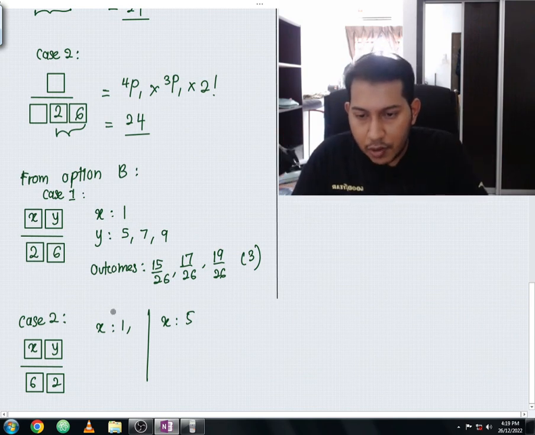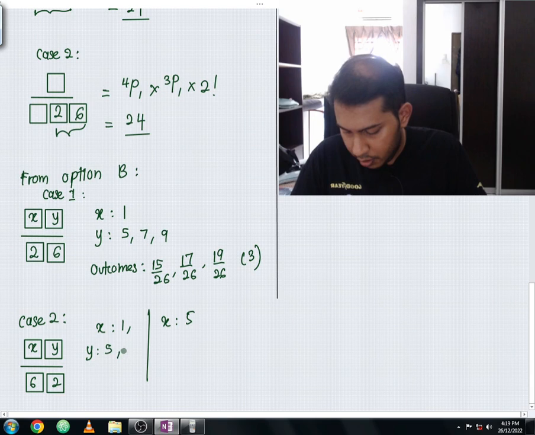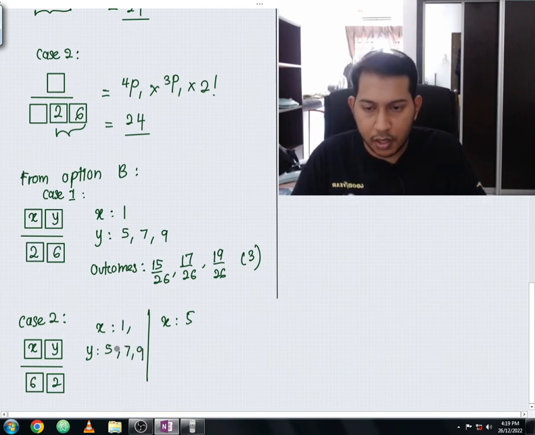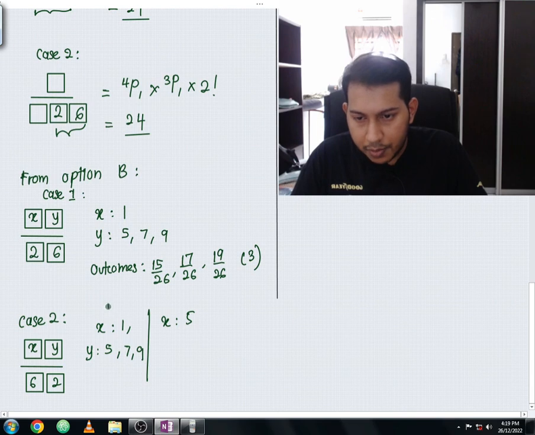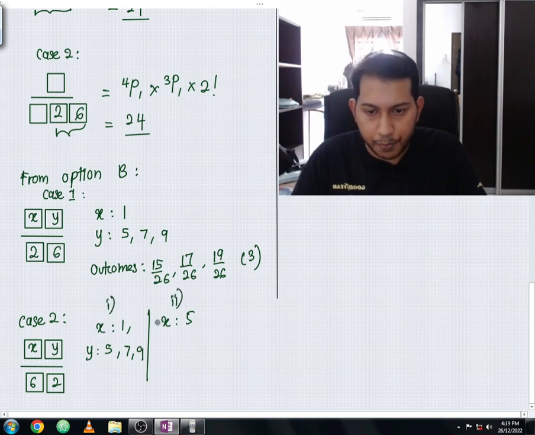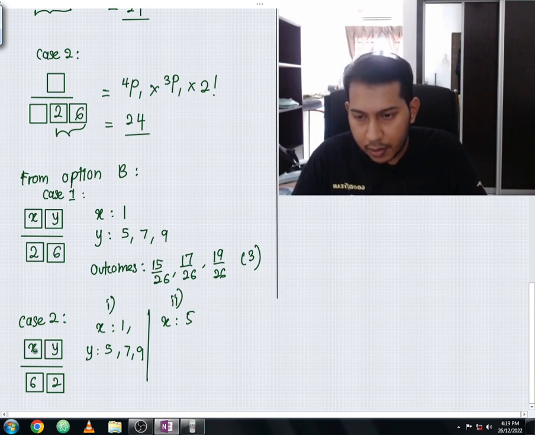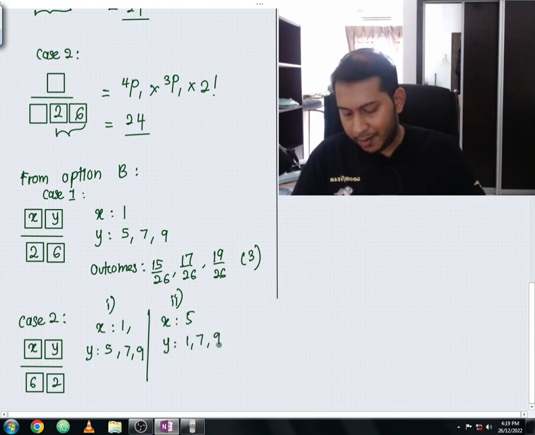Assuming x equals 1, then for y you have 5, 7, 9. This is option 1, this is option 2. You have your x as 5. When x equals 5, your y will be 1, 7, 9.